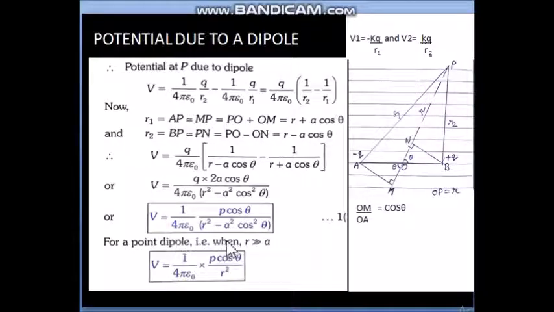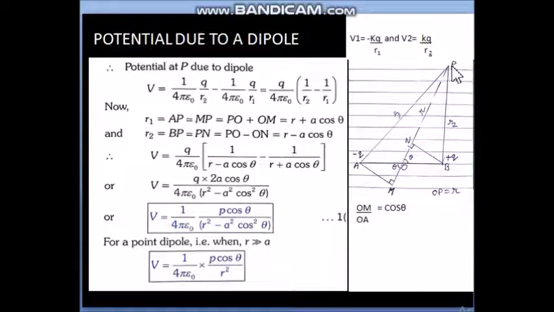Now sometimes we can apply approximations also according to the given conditions. Suppose the dipole dimension, which means 2A, is very small in comparison to the point's distance.